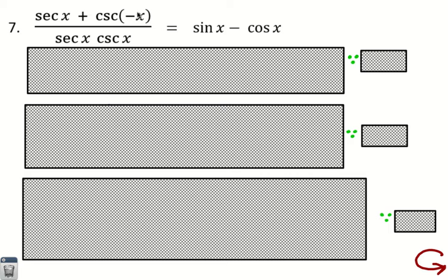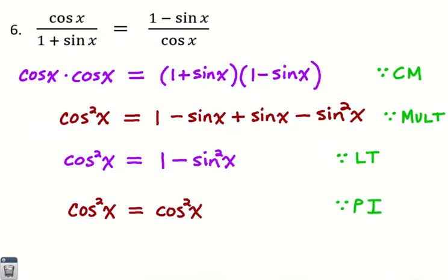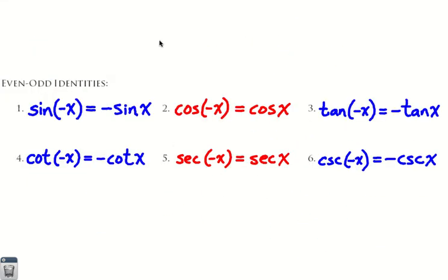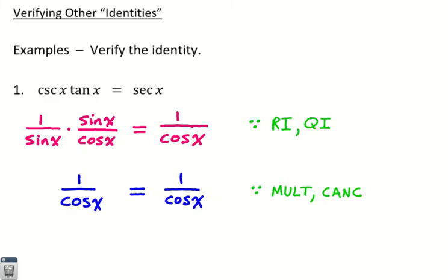But even before all of that, I hope you see that not only is this cosecant, but it's the cosecant of negative x. That should look very weird to you, and if you recall, remember how I made it a point to show you these even odd identities like this guy?